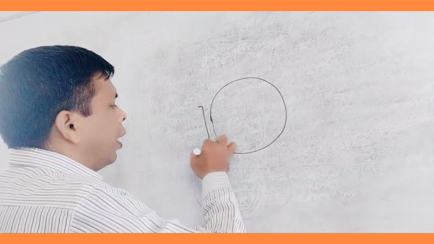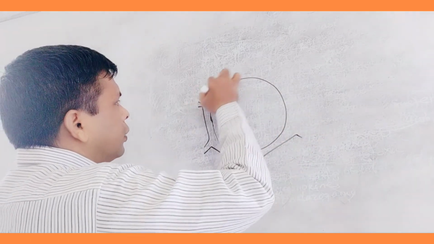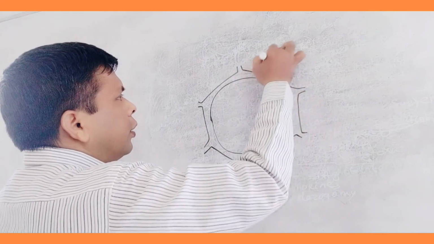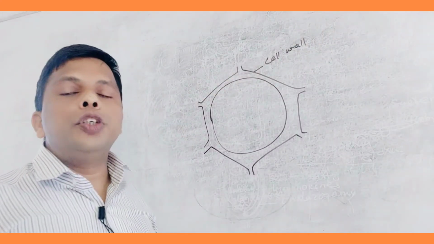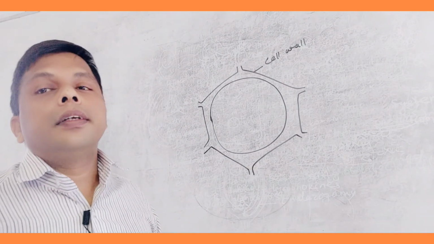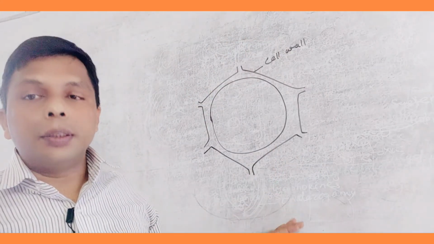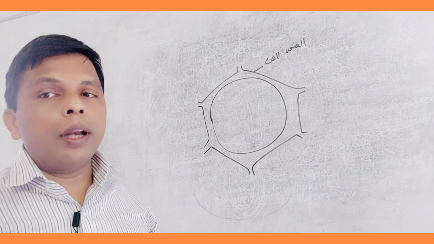In plants, there is a hexagonal cell wall, formed of cellulosic substance. But in prokaryotes, it was non-cellulosic. That is the basic difference. In animal cells, the cell wall is lacking.